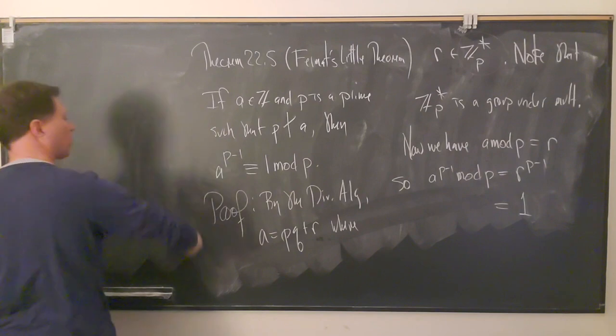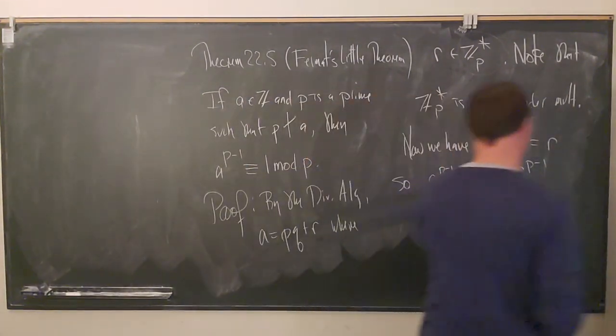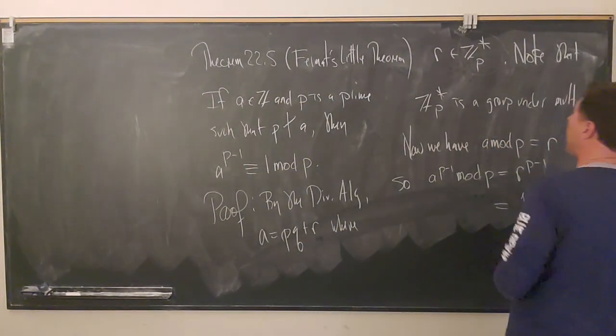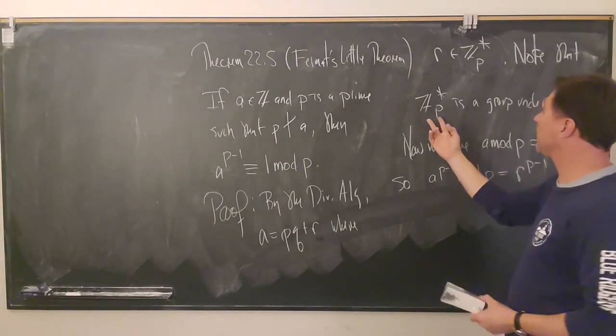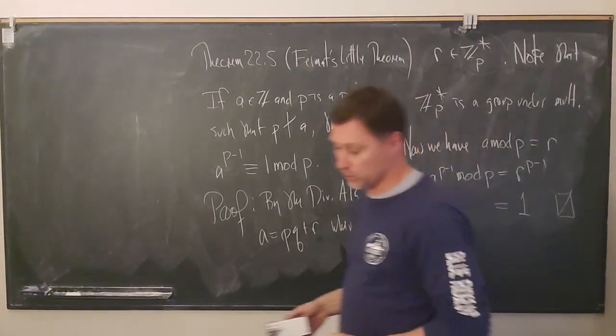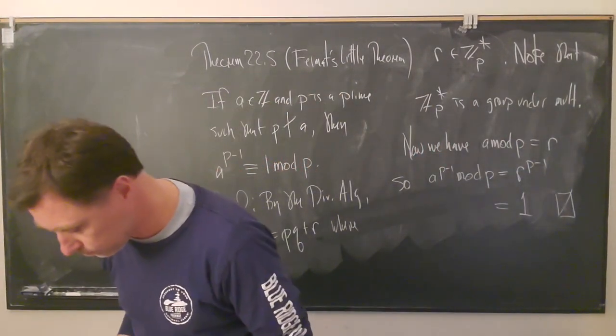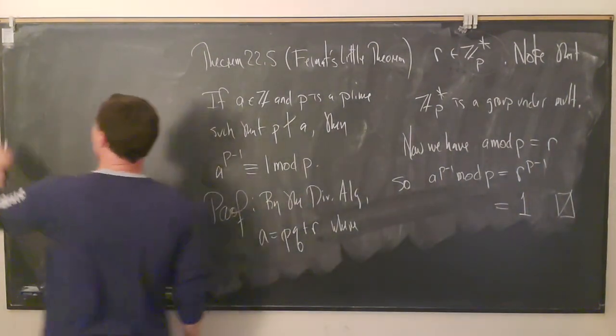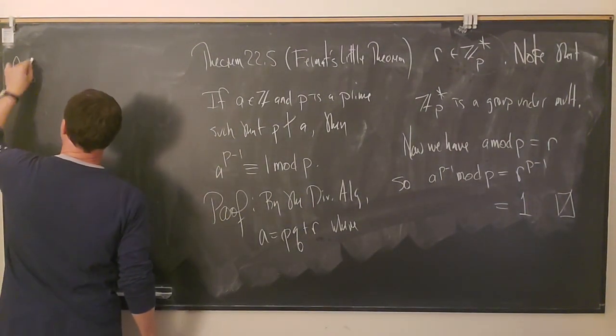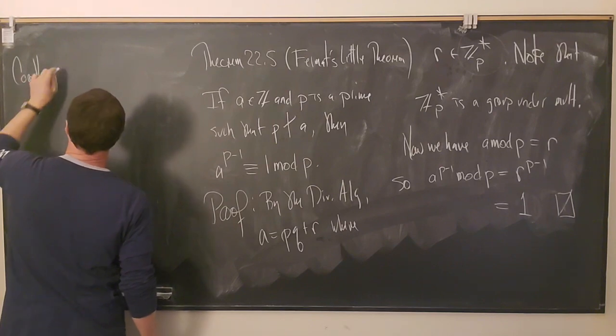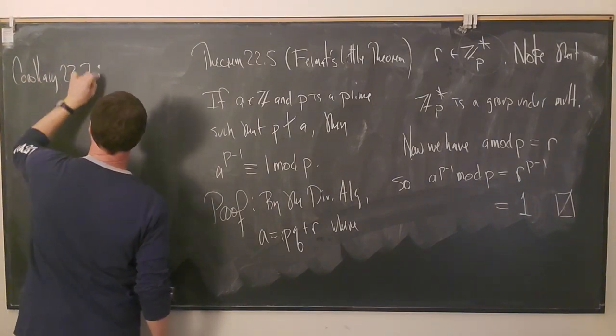a nice slick proof of this result, and it uses the fact that Zp star is a group under multiplication. As a quick corollary, this would be Corollary 22.7.